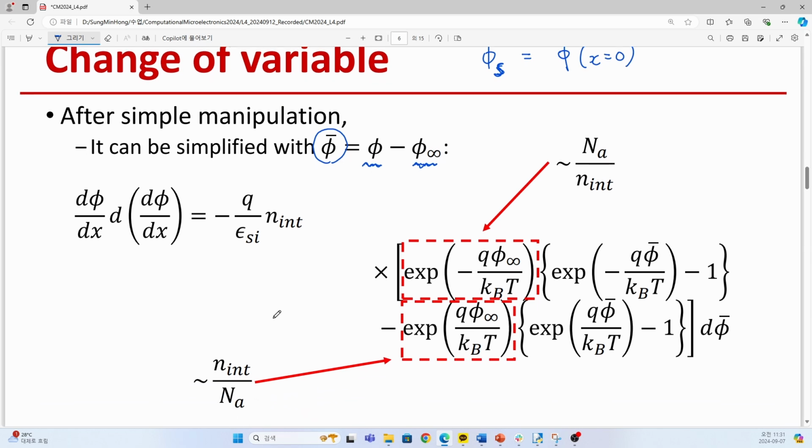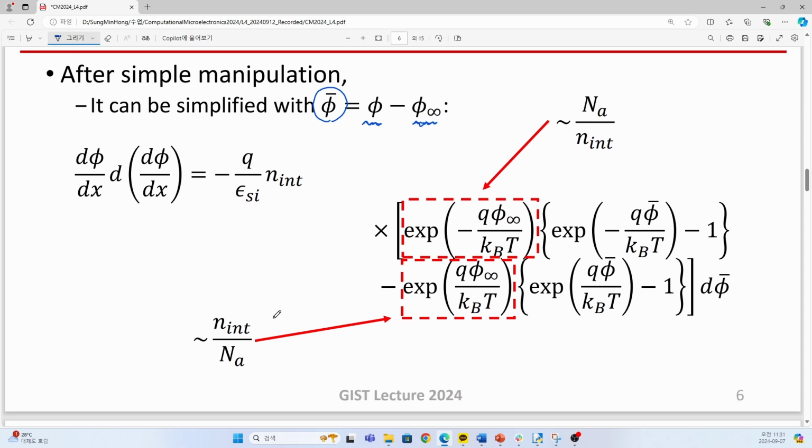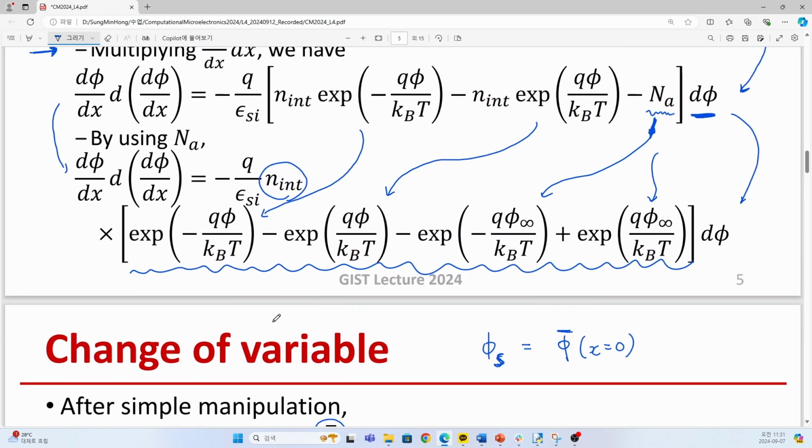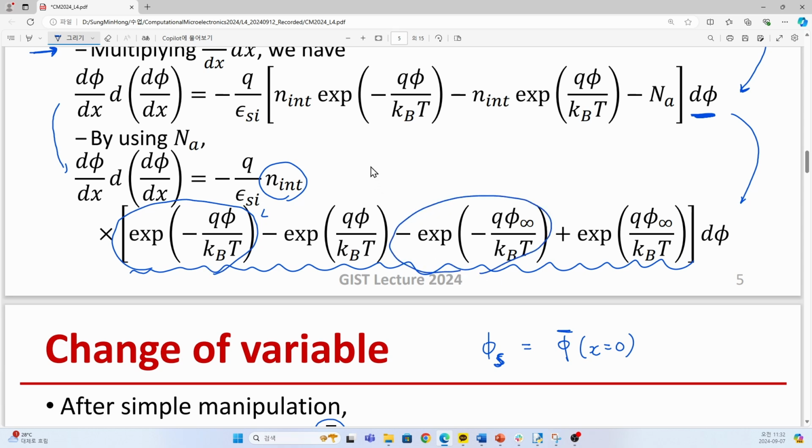So in this case, now our right-hand side term can be further simplified. Okay, why? Let me just do it together with you. In this case, what we do is just to consider this first term and the third term. So these are just combined together, and the common factor is taken as this one, q, phi infinity and kBT. Then what happens to this first term?